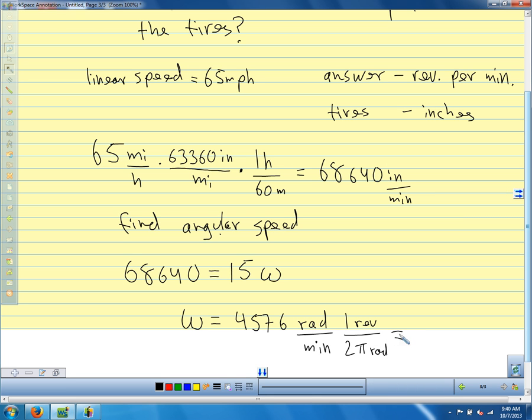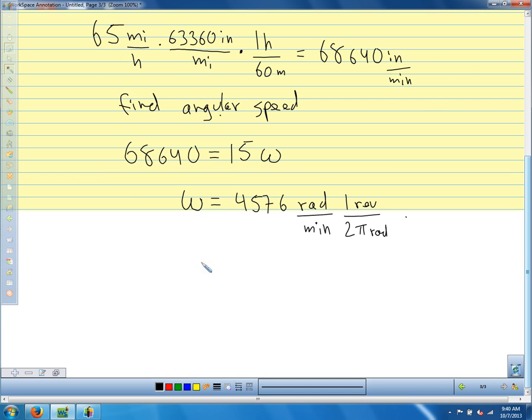So I'm dividing by 2 pi, and I finally get omega equals 728.29 revolutions per minute. So when we're traveling 65 miles an hour, a 15-inch tire is turning around 728.29 revolutions per minute. We converted our linear speed to an angular speed of the tire.